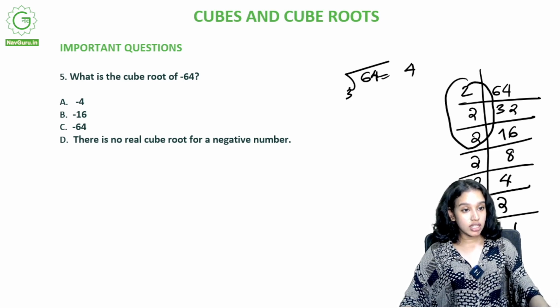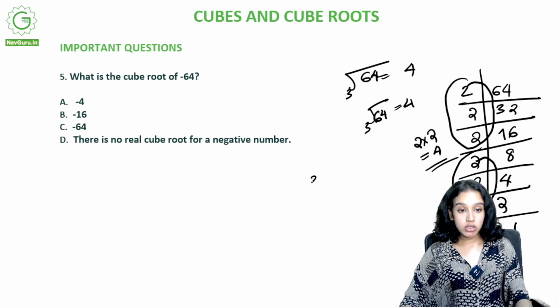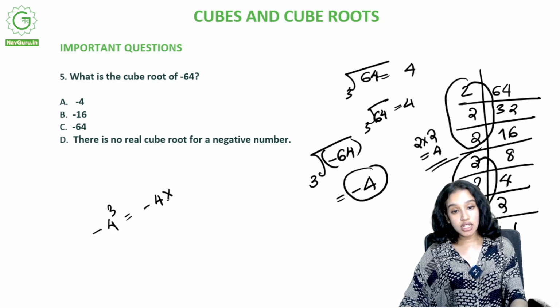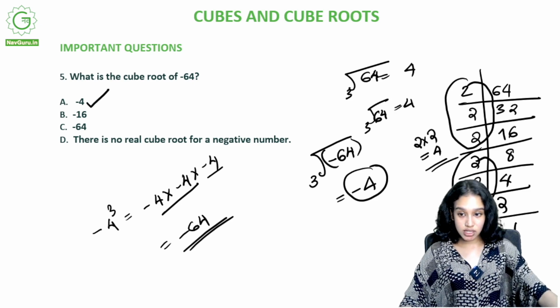So a group of 2 here, another group of 2 here, so 2 into 2 gives us 4. So the cube root of 64 is 4. But what about the cube root of negative 64? It's very simple, it's negative 4. Why? Because negative 4 raised to 3 would be negative 4 into negative 4 into negative 4, which will give us 64 with a negative sign. So negative 4 is the answer for this question.